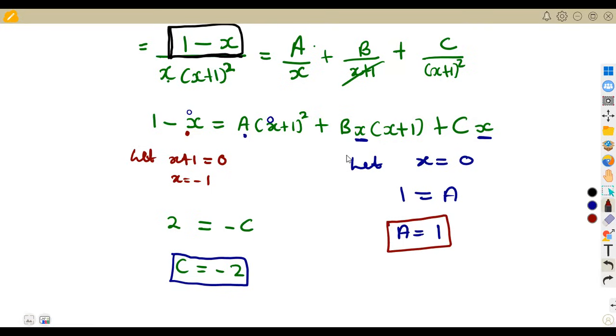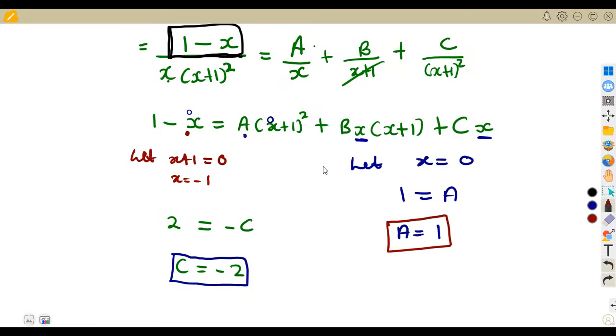Then, we are left with B. So we do not have any other bracket that we can say, let this bracket be equal to 0, or any x. We are done. We used the bracket of x plus 1. We used the x.